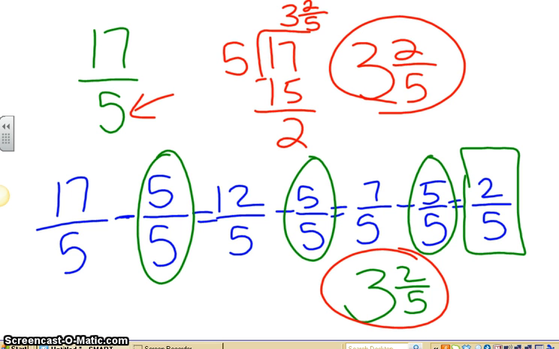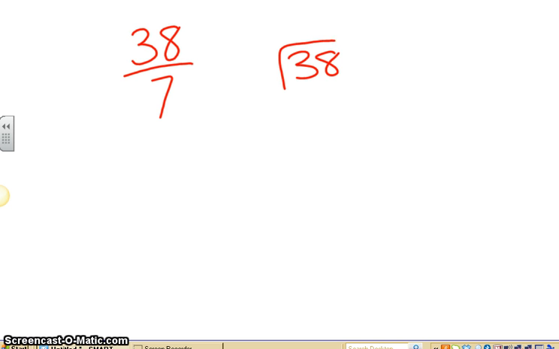But the division method is a lot quicker because you are also later going to have to convert fractions like 38/7. And if you sit there and subtract, you may have to subtract it 5, 6, 7, 8, 9 times, and you could be there for a while, or you may not have enough space. But if you choose to divide, it makes things much quicker. 7 goes into 38 5 times. 38 minus 35 is 3.